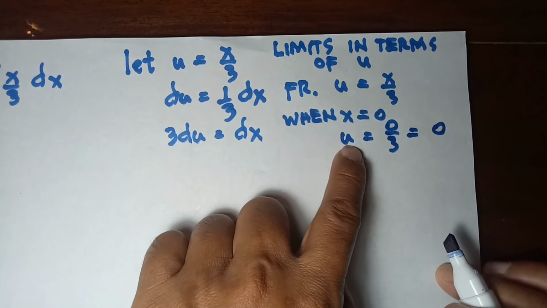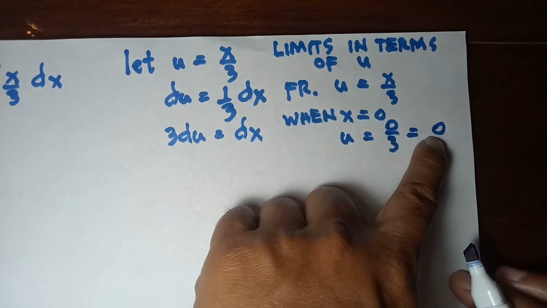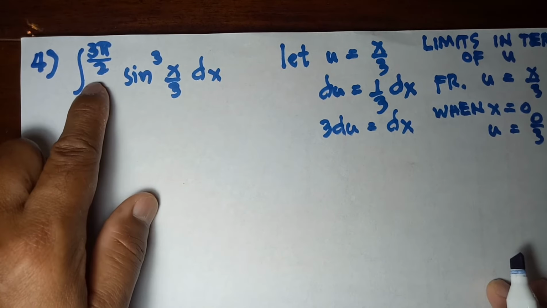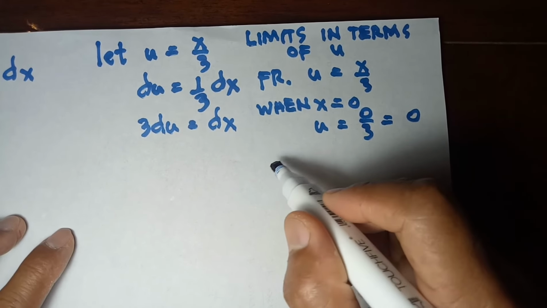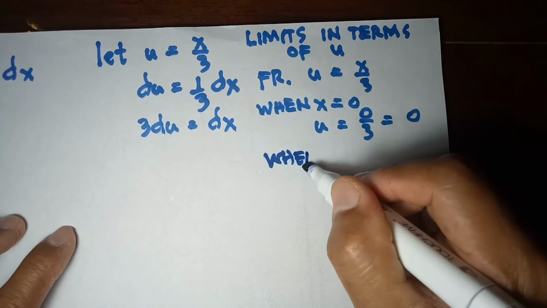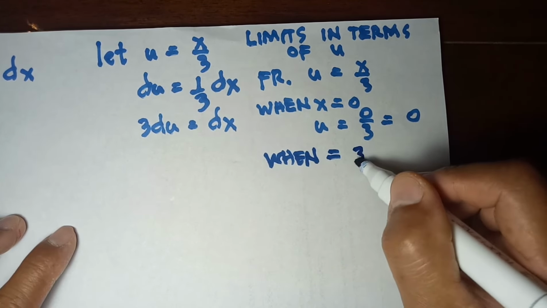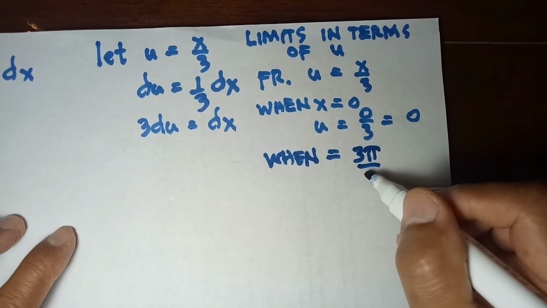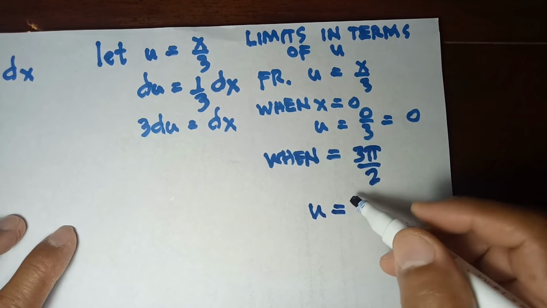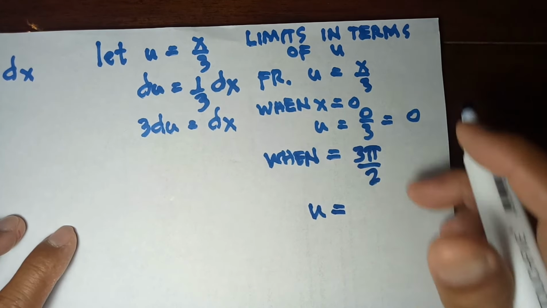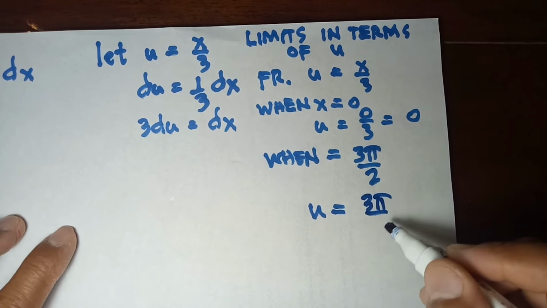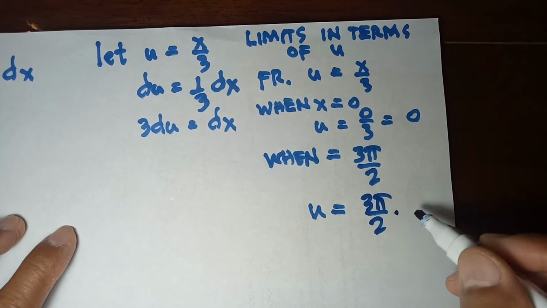So, yung lower limit natin, in terms of u, ay equal din sa 0. Pangalawa, when x equals 3 pi over 2, yung u natin will become, so yung x, papalitan natin ng 3 pi over 2 times 1/3.